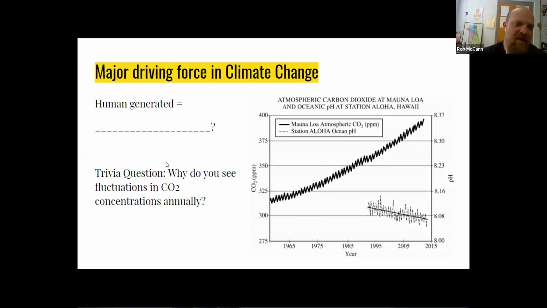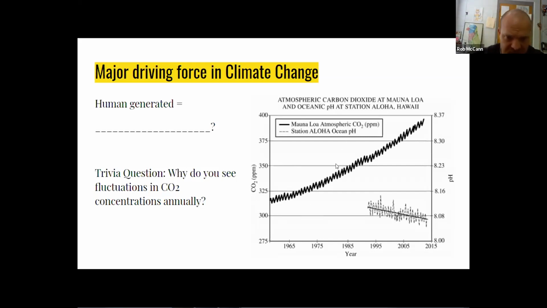More humans? That one's not going to be it, it's going to have to do with trees. It's going to have to do with seasonal variations where trees drop their leaves, okay? When your tree drops its leaves, it's not actively taking in carbon dioxide and doing photosynthesis. But when a tree has leaves, it is actively taking in carbon dioxide and doing photosynthesis.